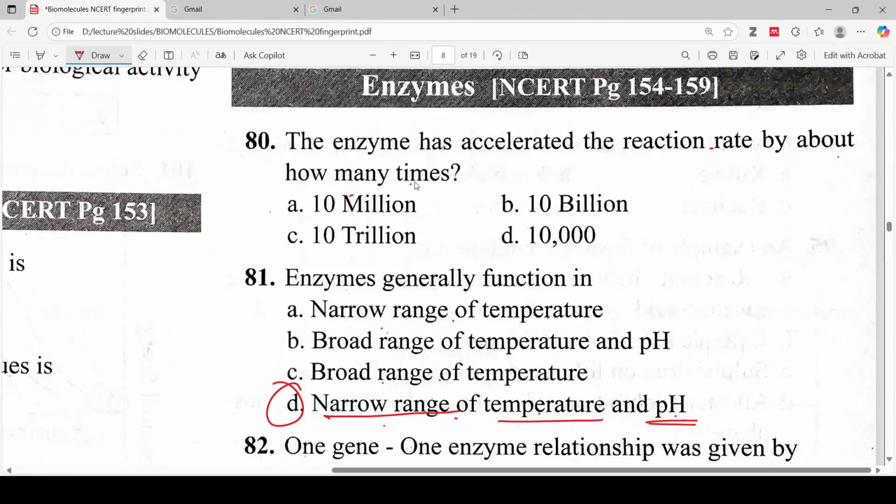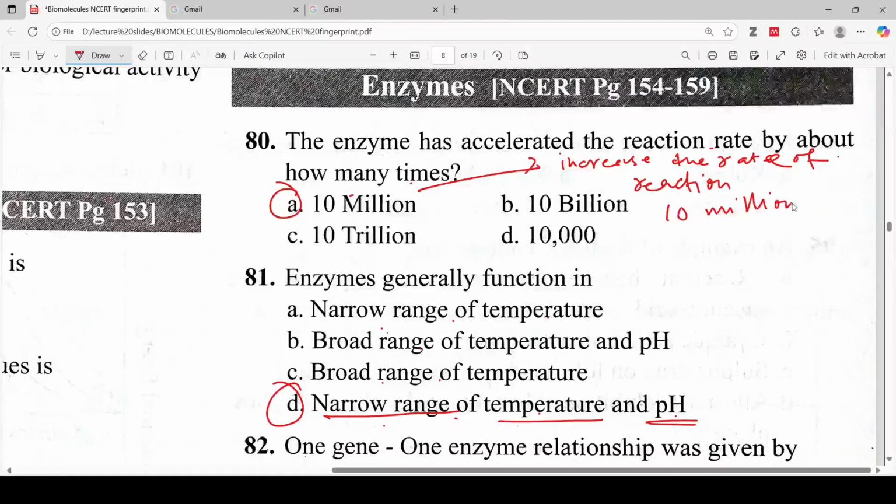The correct answer for this question is option A, 10 million times. It increases the rate of reaction 10 million times. So let's move to the next question.